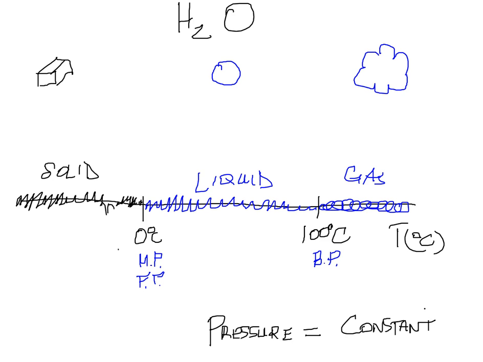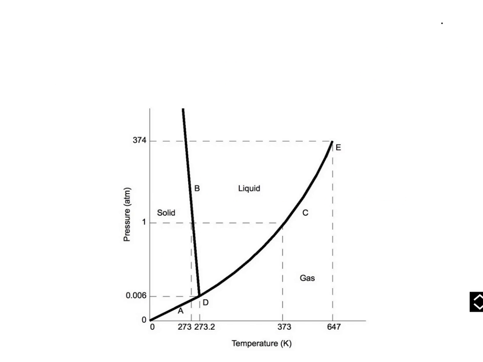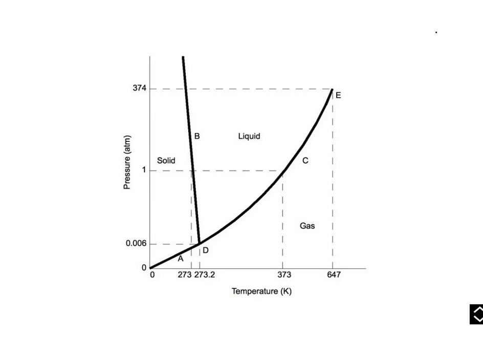But of course, we can vary pressure, and when we do, what we find out is that we get a much more complex looking diagram, if you like, that plots out the entire zones in which you can have a solid, liquid, or gas phase of H2O. And that's actually what this diagram on the next slide is attempting to show you.